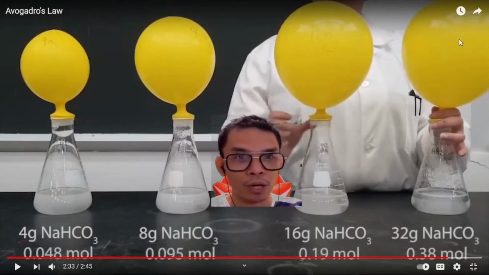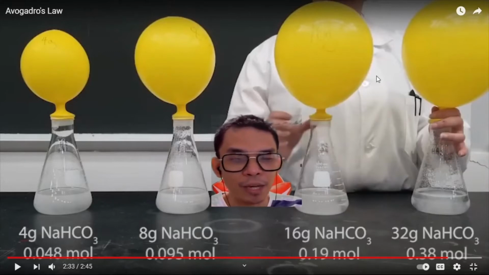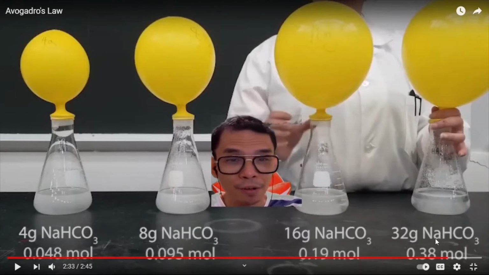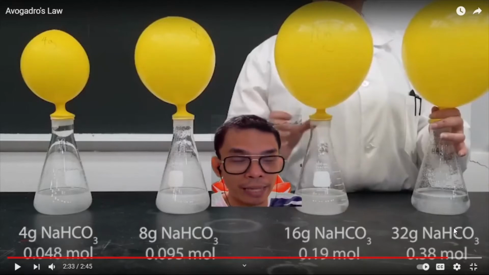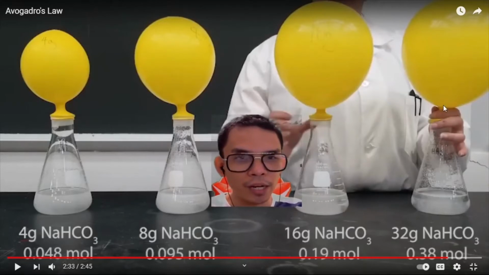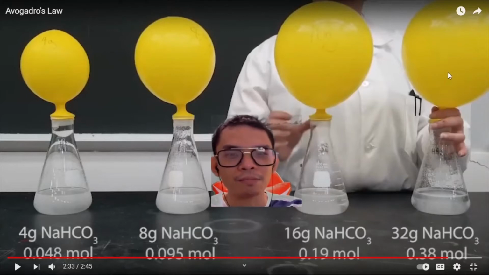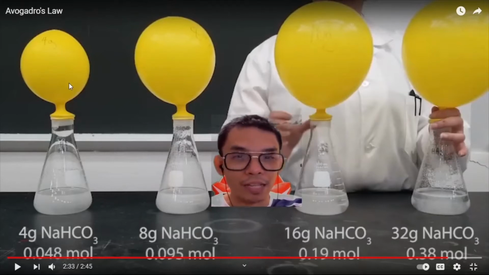That is very logical: the more reactants that you have, the more product that will be produced at the end of the day. More carbon dioxide, increase in volume. Less carbon dioxide means less volume.